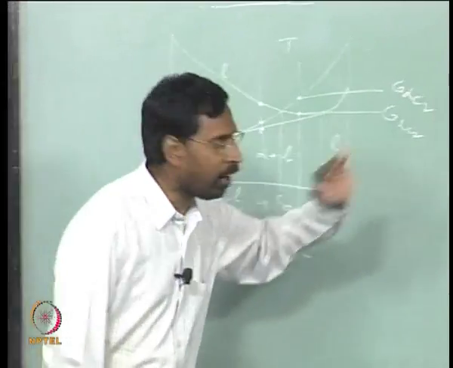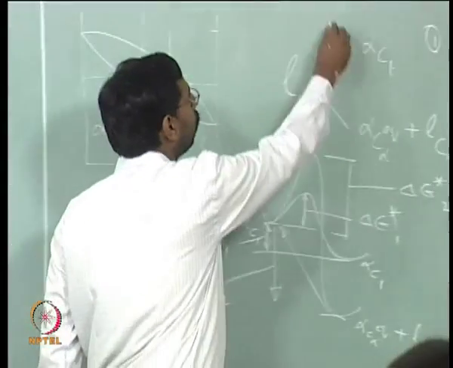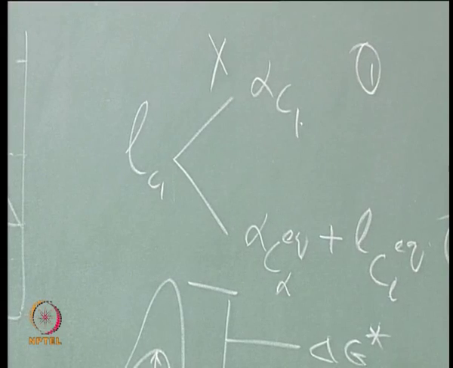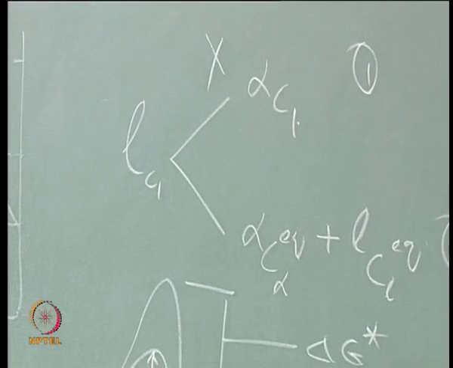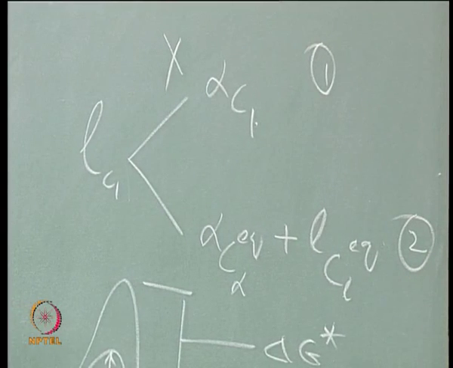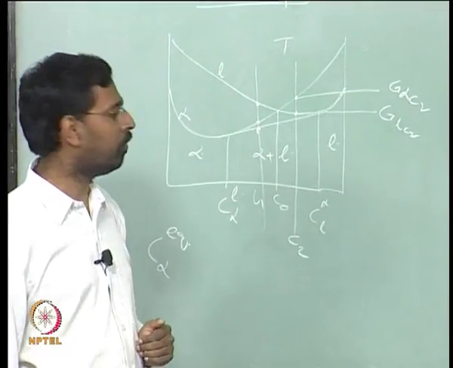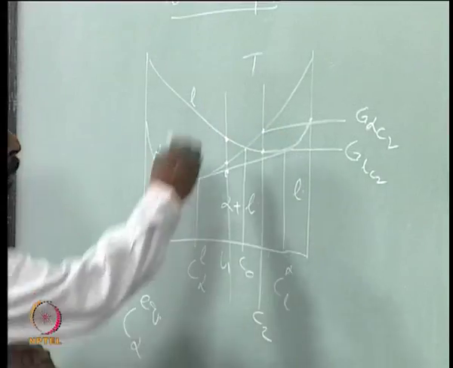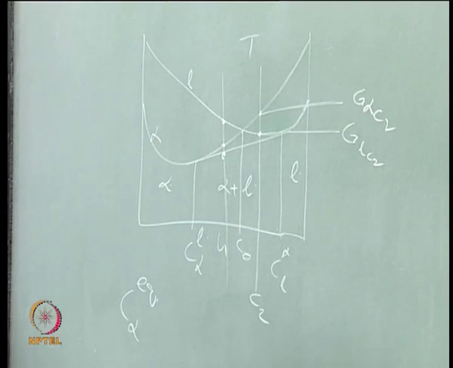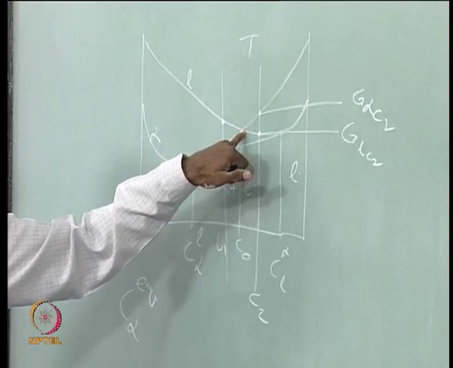If you are on the right side of the C naught composition, then the first path is ruled out, and the only choice available to the liquid is the second path, and that is what happens. And what we do is, if we choose compositions at different temperatures, we draw these free energy composition diagrams and get these compositions which are called the C naught compositions.